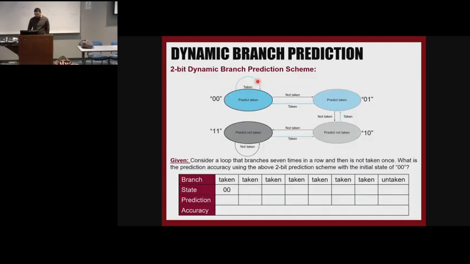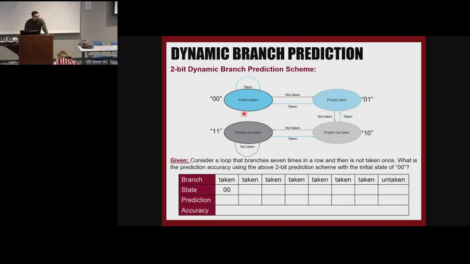So this is the next thing I want to talk about, and the last thing that I want to talk about in this module, and the module is done. This is the end of the module, the last 2 slides of module 7. So this is a 2-bit dynamic branch prediction scheme. It uses a state machine which has 4 states: 00, 01, 10, and 11.